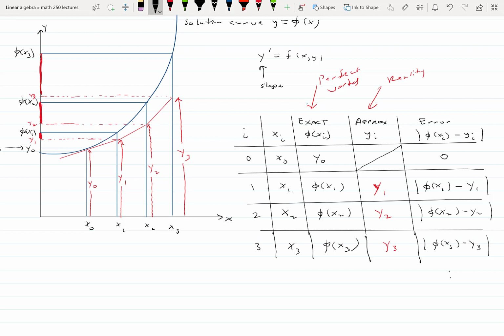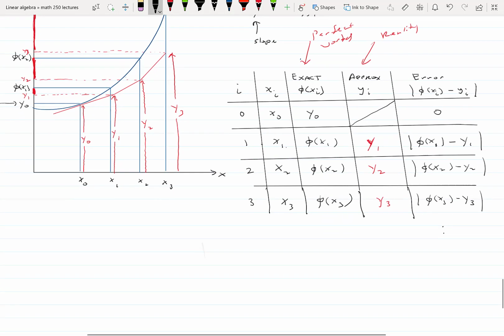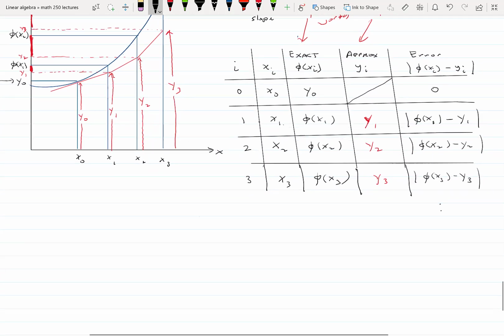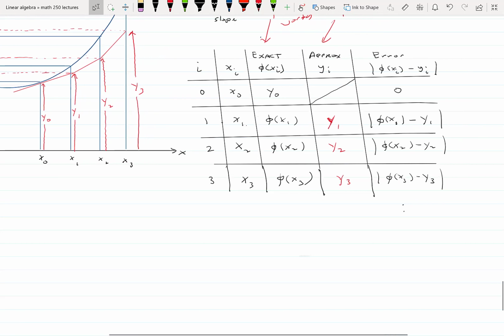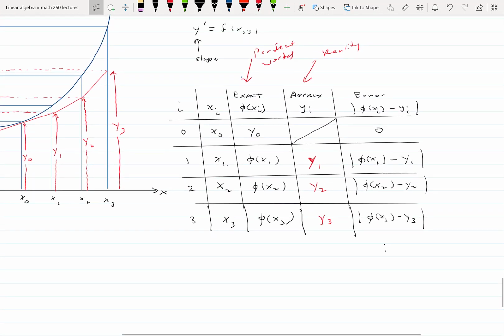So let's use Euler's method to estimate the solution. Okay. Well, I really haven't developed Euler's method yet, so let's do it. I'm going to want to use my drawing, so I'm going to get rid of my chart.